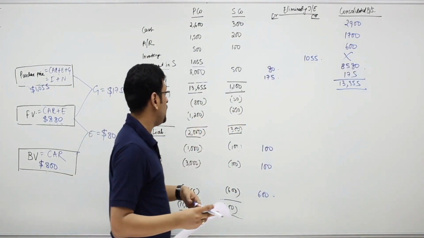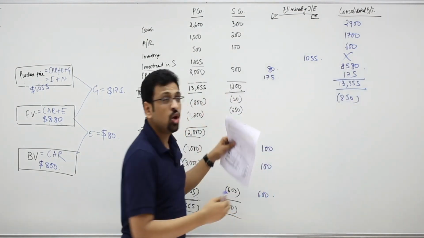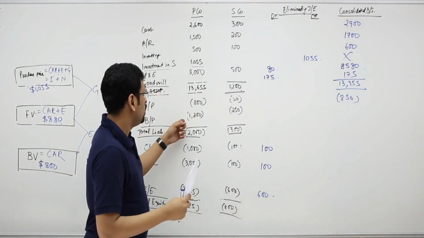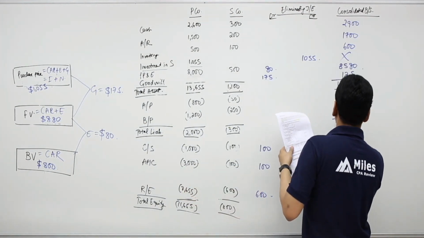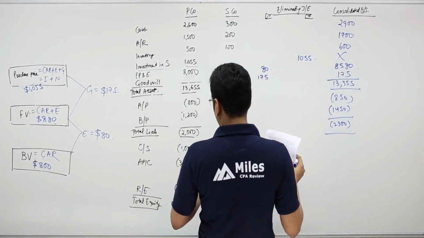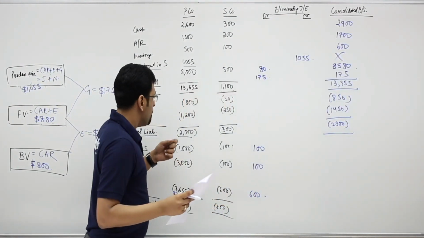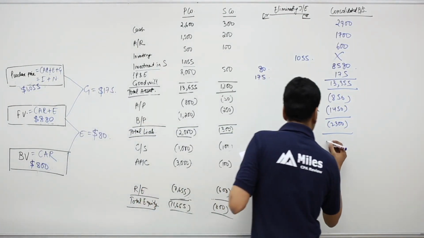Now looking at liabilities. My payables, your payables. We'll clear it off together, 850. My bonds, your bonds, we're bonding, 1450. Gives you 2,300 of liabilities on the consolidated balance sheet. Then you have my common stock, your common stock, I own it. So it's just my common stock, $1,000.